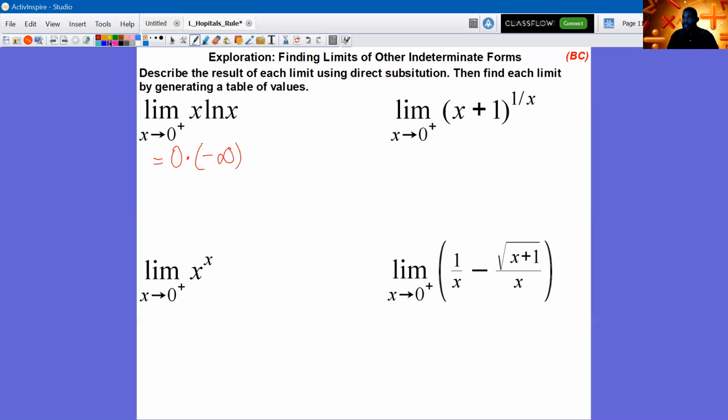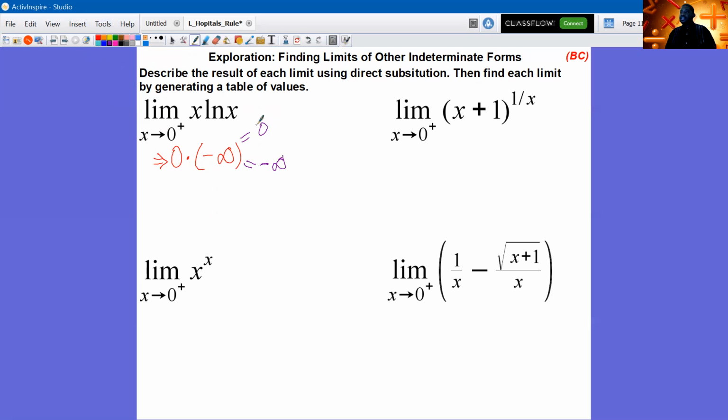So now the question becomes, what is this exactly? Well, one person could say that this could equal 0 because 0 times anything is 0. We can also say that this is negative infinity because negative infinity is bigger than 0.